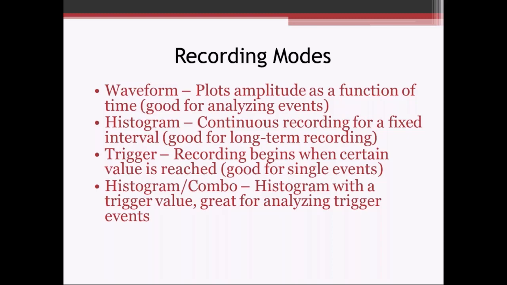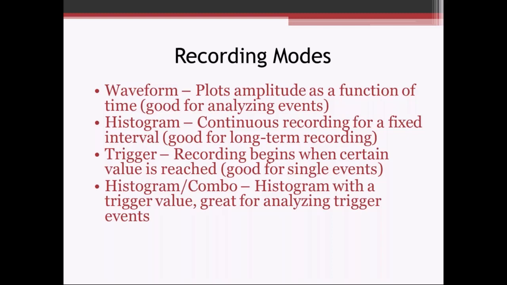Histogram recording mode is another mode that we record. It's good for long-term recording. It records over a fixed interval over a long period of time. So we may have a histogram recording in 1 minute intervals. Every minute it records seismic information and then spits out the highest peak particle velocity and frequency within that minute of recording time.